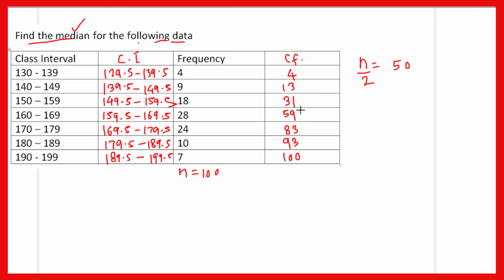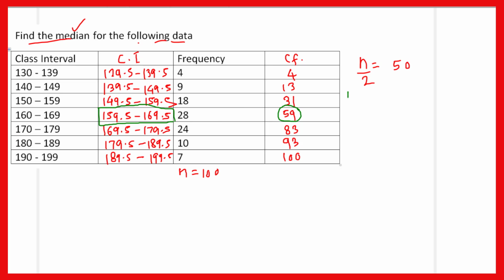That cumulative frequency is 59. So this is the cumulative frequency that is just greater than n by 2, that is 50, and therefore the class interval corresponding to this cumulative frequency is called the median class.